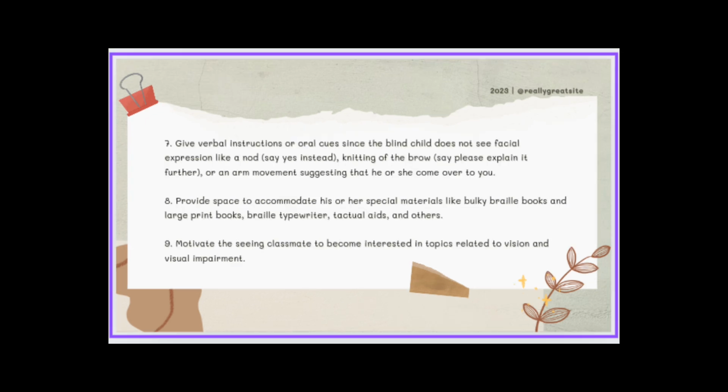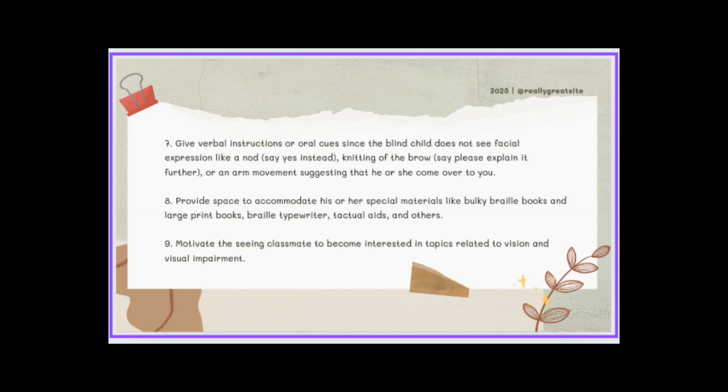And number 7 is give verbal instructions or oral cues. Since the blind child cannot see facial expressions like a nod, instead of nodding, you can say yes. If someone in your class asks a question, instead of raising your eyebrows or nodding, just say yes, because they cannot see you nod or raise your eyebrows.